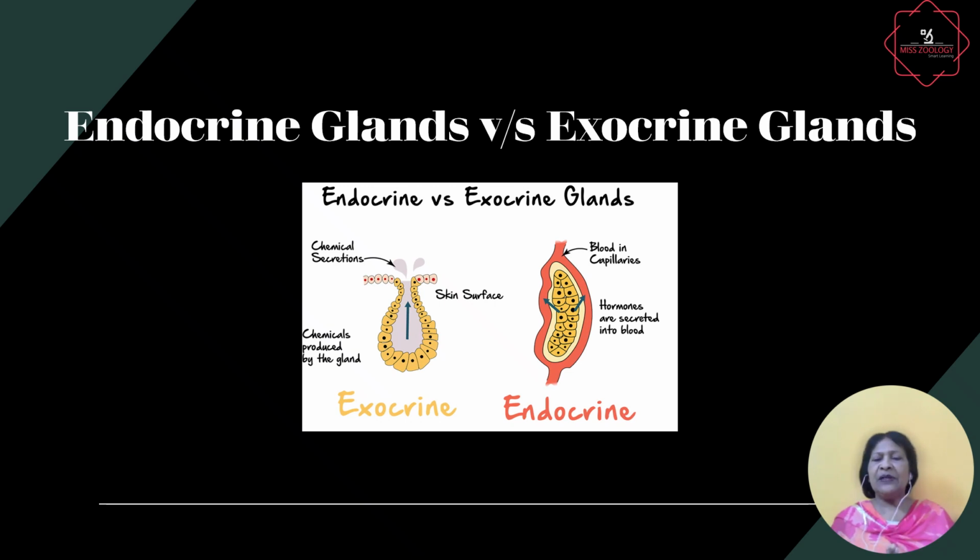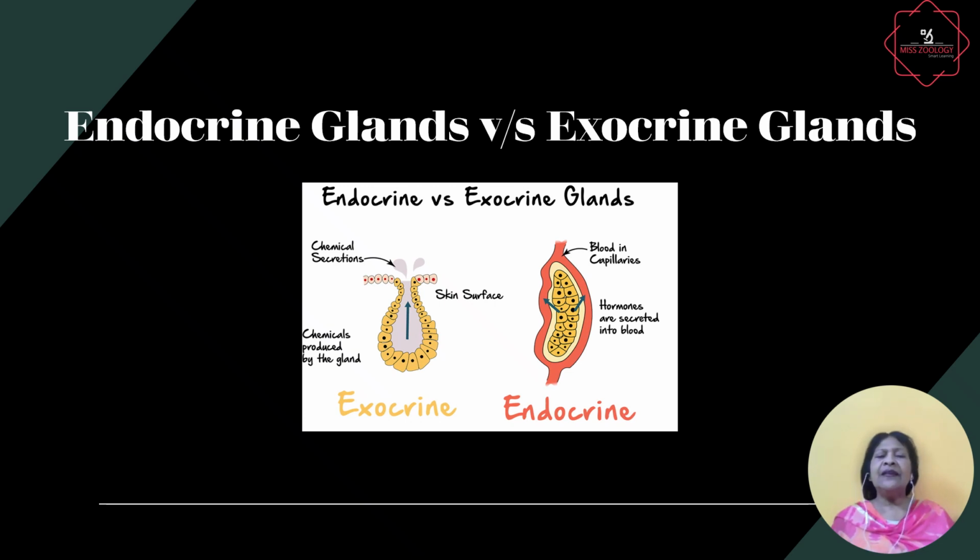And the compatible point against this point on the endocrine gland, towards the exocrine glands, we will write exocrine glands are ducted glands. That is, they are provided with a duct. But you only need to write exocrine glands are ducted glands. The second point, we will try to answer about their type of secretion.